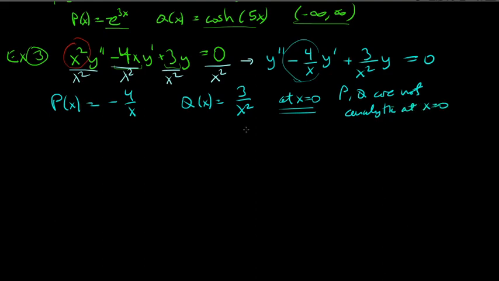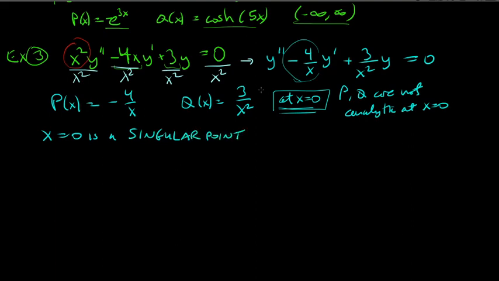Now, if you shift this, if you say, what about at x equals 1 or x equals negative 5? Sure, then you could write these as a power series in that case. But we want to concentrate on x equals 0. And so for x equals 0, they're not analytic. So in other words, x equals 0 is a singular point. It's not an ordinary point.